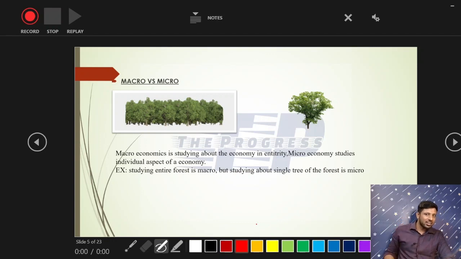Is it fair? No, it is only the result of the iron and steel industry. It is a micro view. To tell about the economy or to predict the economy, I have to look at all the industries, then only can I conclude. So we need the macro view. The micro view is limited to a single thing.